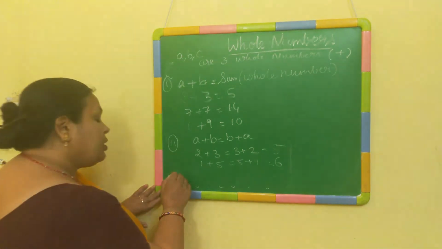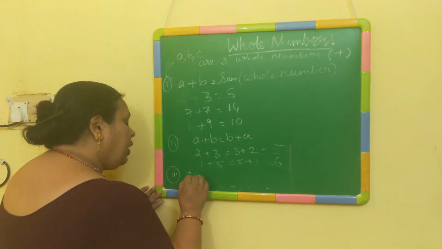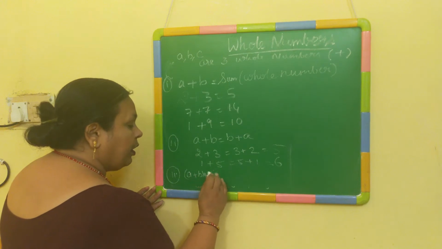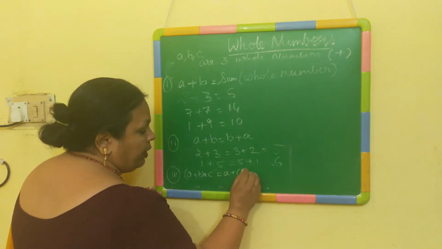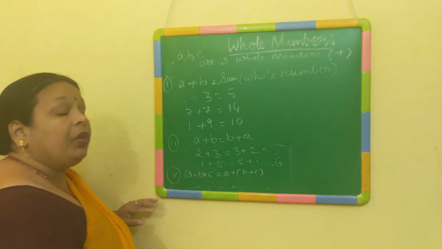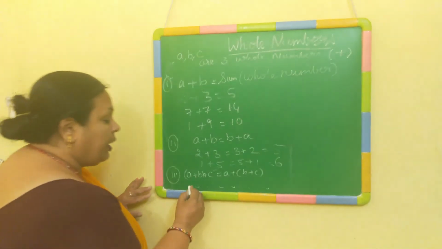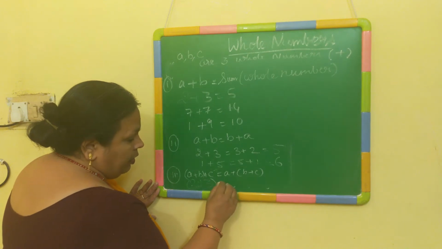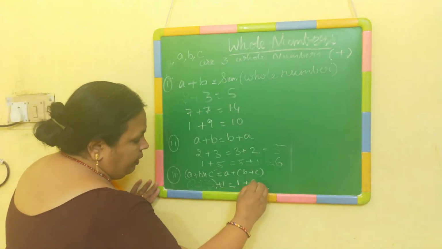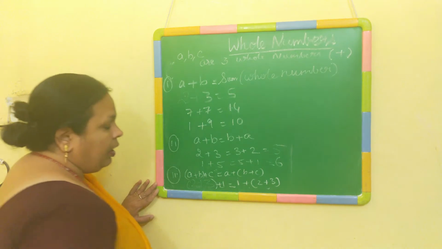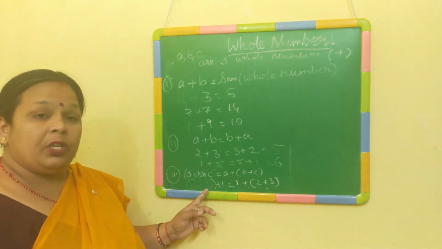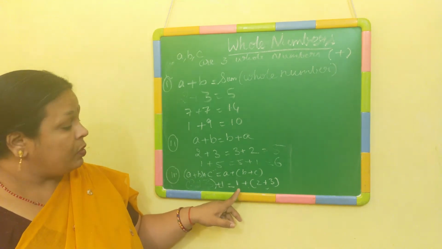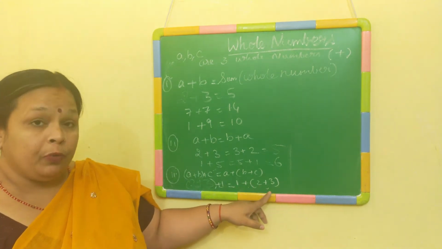Now as I told, the third property is A plus B plus C is equal to A plus B plus C, grouped differently. Now we are using 3 whole numbers, where we will write 2 plus 3 plus 1 is equal to 1 plus 2 plus 3. Now see, when we add 2 plus 3, it is 5. 5 plus 1 is 6. Here the change is that 1 will be added to the sum of 2 plus 3.